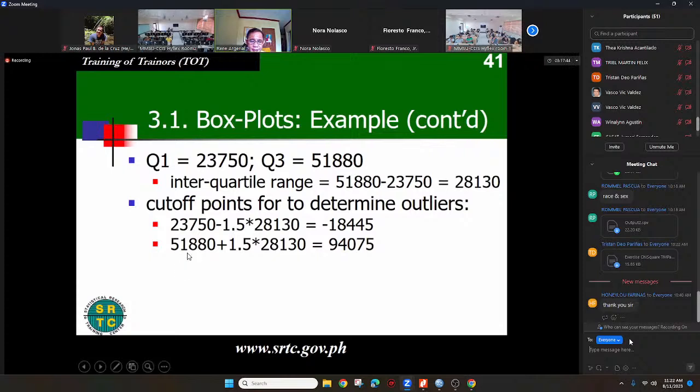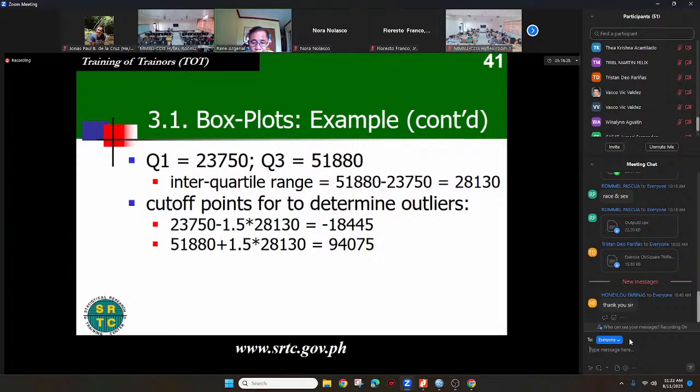But for the second case, Q3 plus 1.5 IQR, we get 94,075. It means that if there is an income greater than 94,075, then that client is an outlier. And if I am the owner of the car company, I will approve the car loan of this client, because his or her income is very, very big compared to the others.